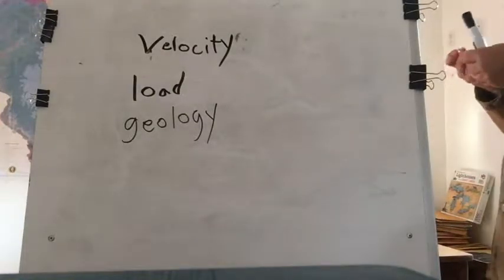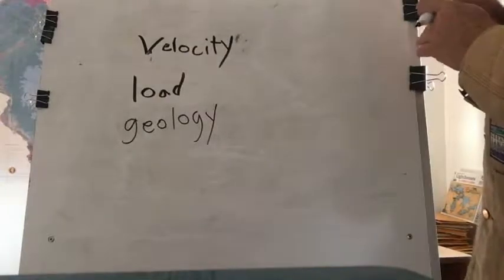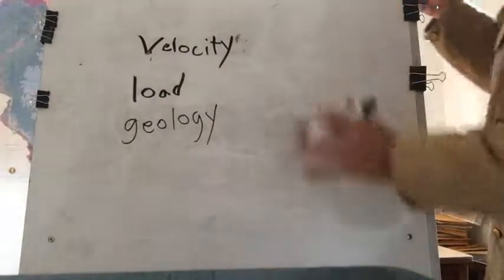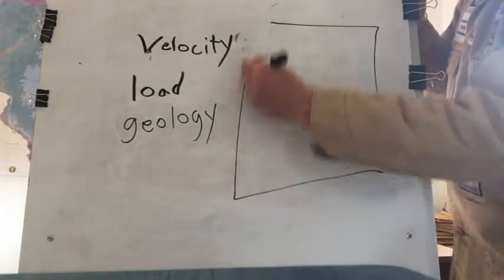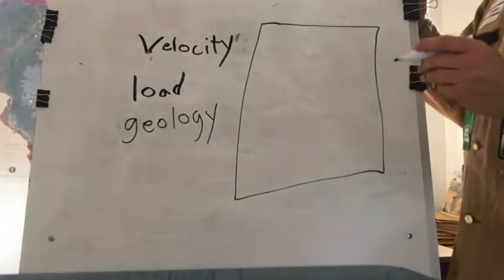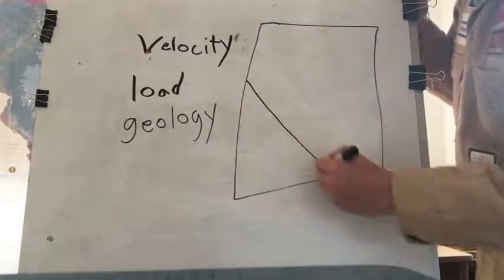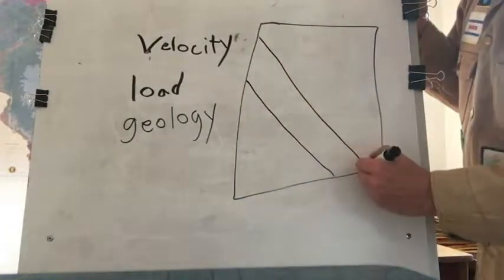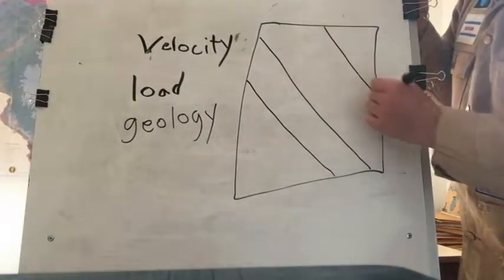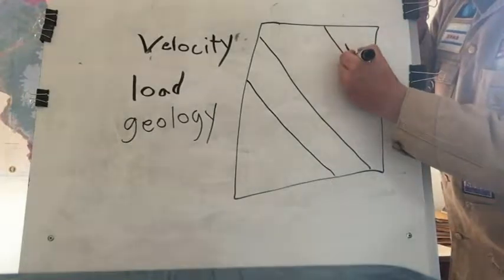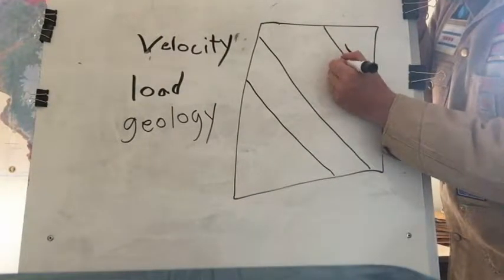Now, say you have, and I'm going to show you what I mean with an actual real-world example of this. Remember my lesson on geologic maps? Say you're looking down, this is your map, and you have some beds like this. You have your strike and dip over here on this bed, maybe 3 degrees.